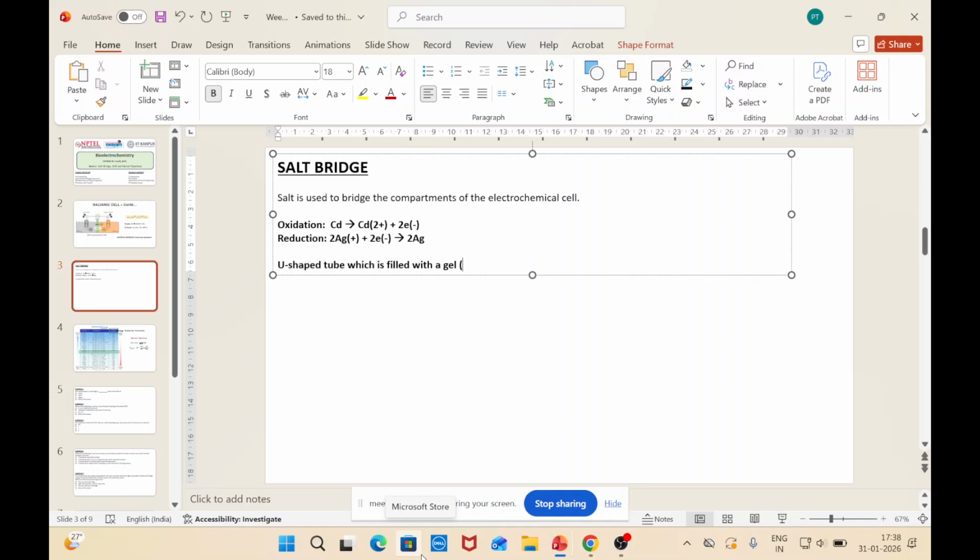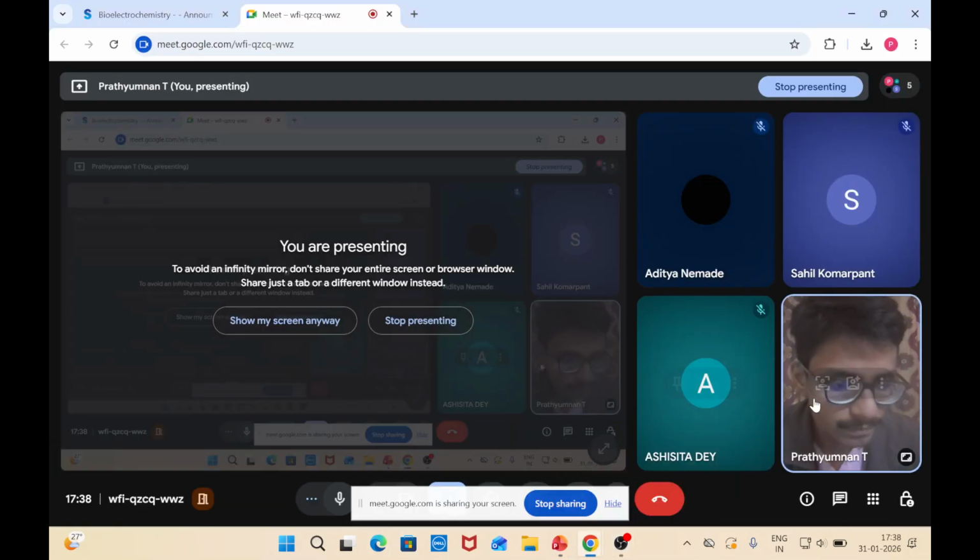So what is that gel which is most commonly used for a salt bridge? Anyone? What is the composition of that gel that is used in the salt bridge?